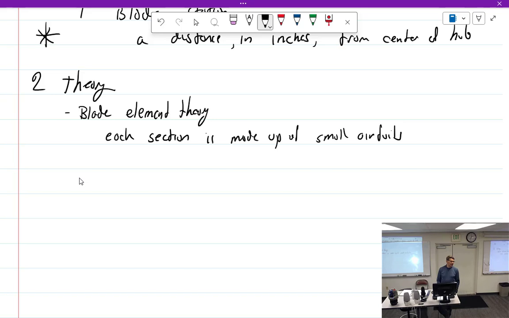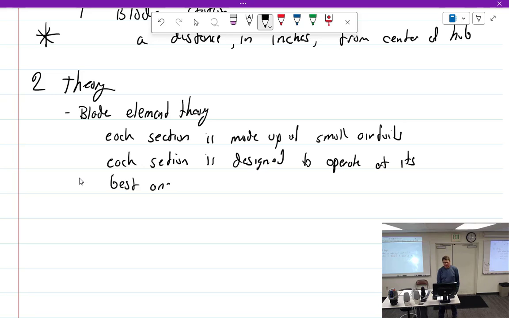We take all these little 1 inch airfoils and glue them all together for optimal use, and we end up with a propeller. Each section is designed to operate at its best angle of attack.